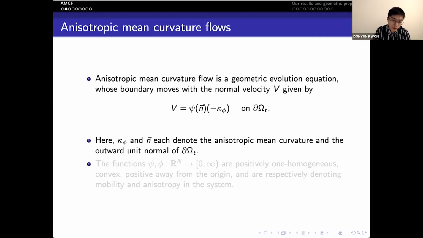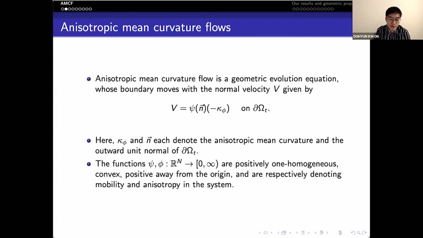And we have two more functions here, psi and phi. They are positively one-homogeneous and convex, positive away from the origin, and they respectively denote mobility and surface energy density in this system. I will give you some examples regarding this.